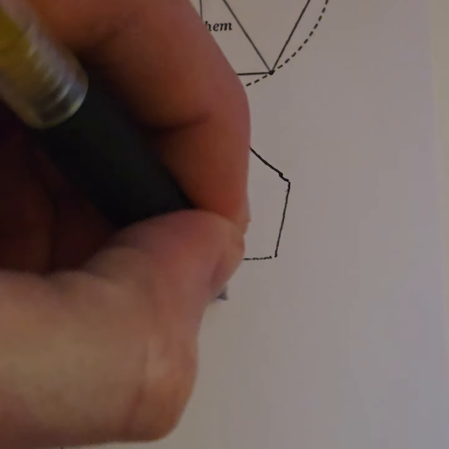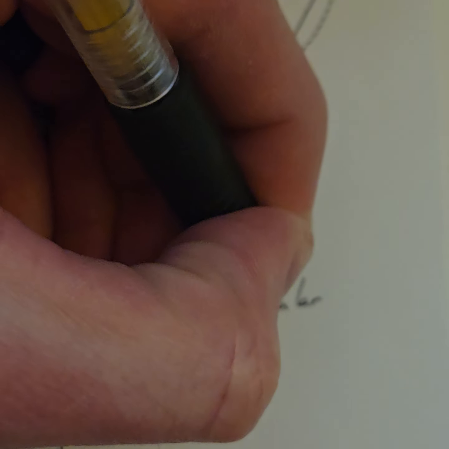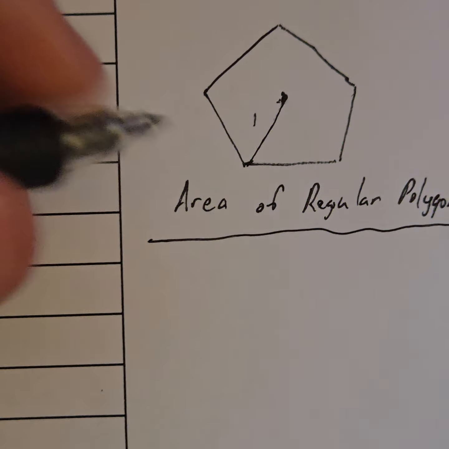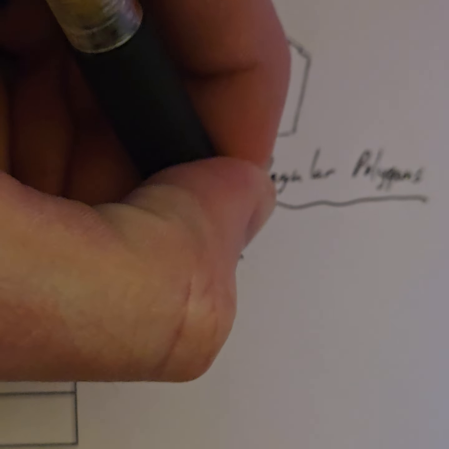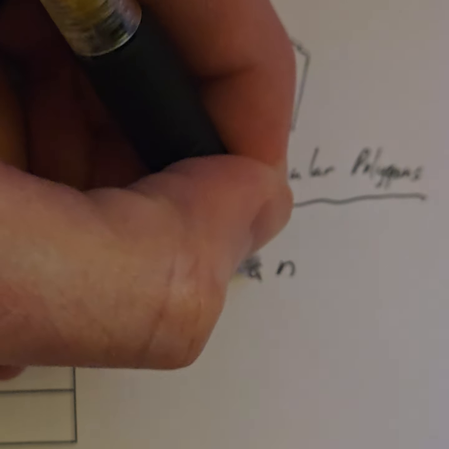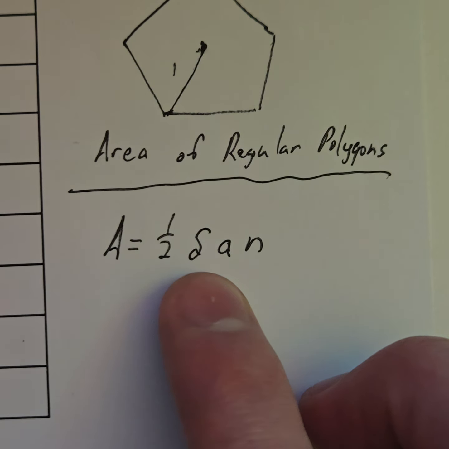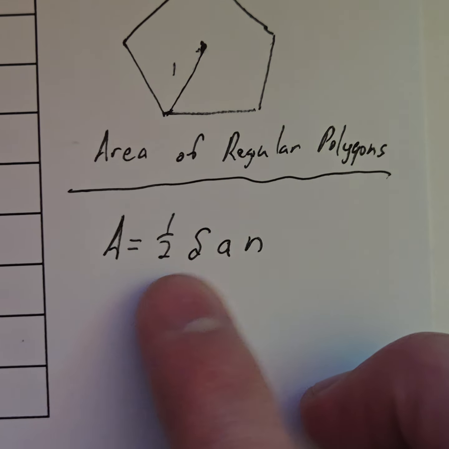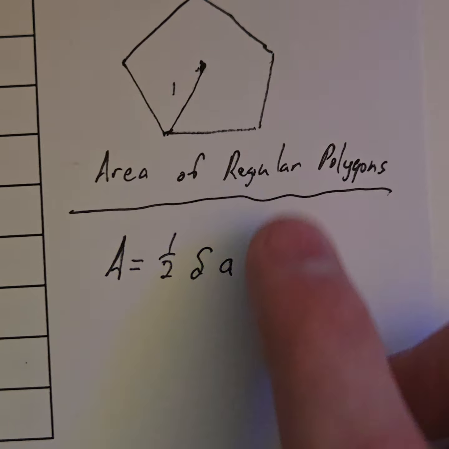So area of regular polygons, hopefully some of you know this, but if not, that's okay. Area equals 1/2 S A N, and remember when I put an S, I like to put a little hook at the end. That way it doesn't look like a 5. You can choose to do that if you want. So this is our formula for the area of regular polygons.